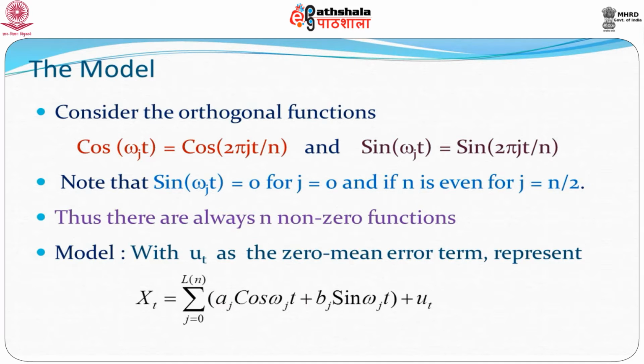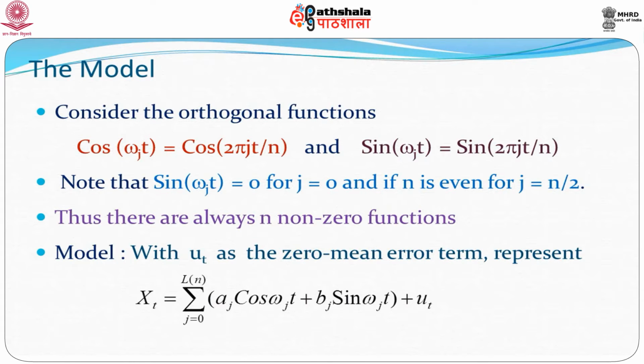So, what we are looking at now is a combination of the orthogonal functions cos omega_j t and sin omega_j t with these coefficients a_j and b_j, which would generally be unknown. We will have a look at what these coefficients are, but we will assume for the time being that these are unknown, and we make a composition of this, and this generates x_t.